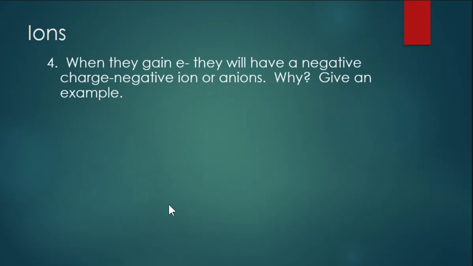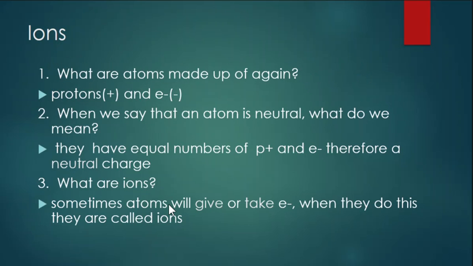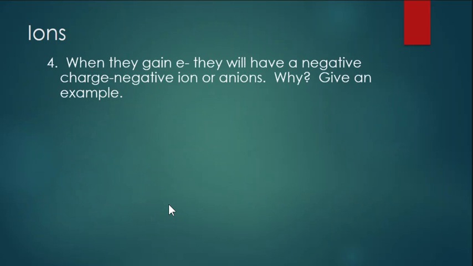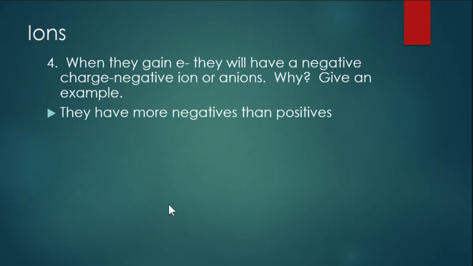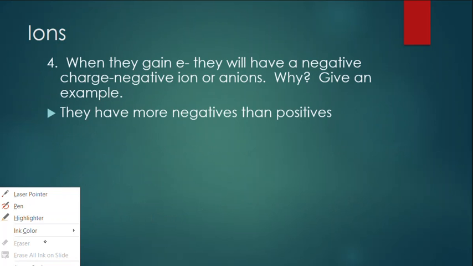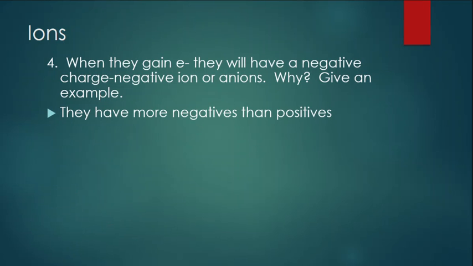Why? So why are they negative? Because if you gain negative things, then you're negative. For example, here is chlorine with 17 positives and 17 negatives.